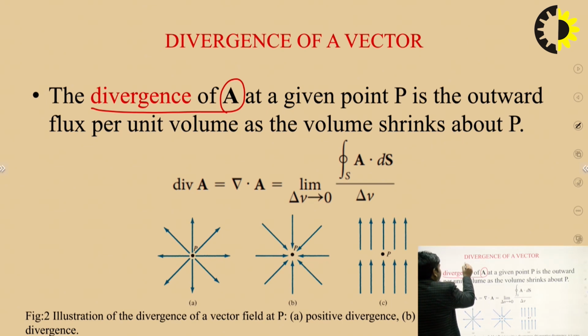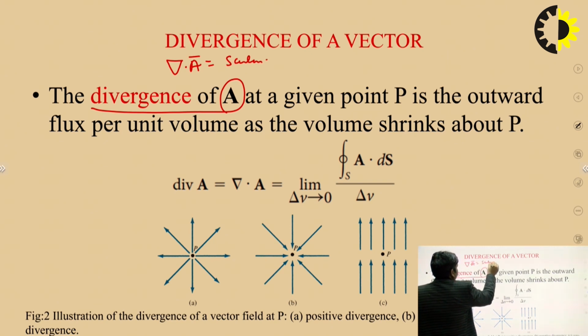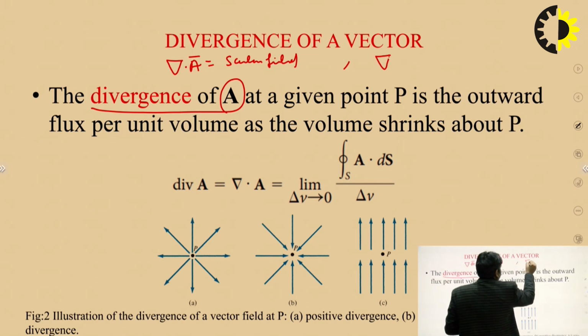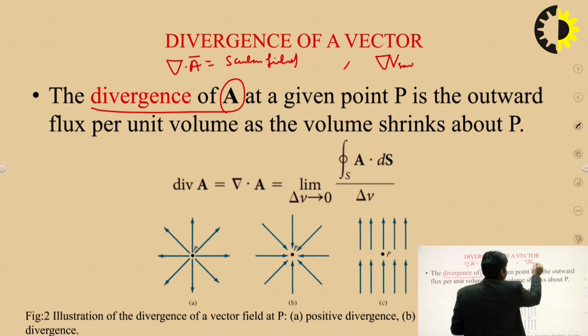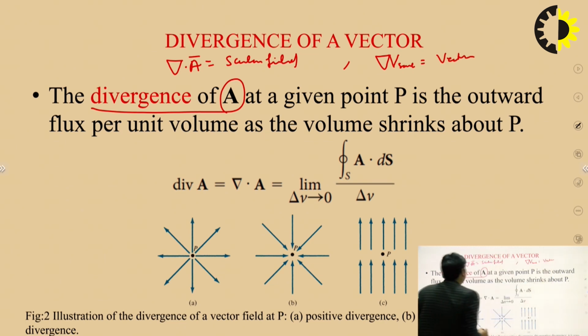So if we take the divergence of a vector field, it gives a scalar field. But in the case of gradient, we find the gradient of a scalar field, and it gives the output in vector form. Divergence is always taken of a vector field and gives the output as a scalar field.